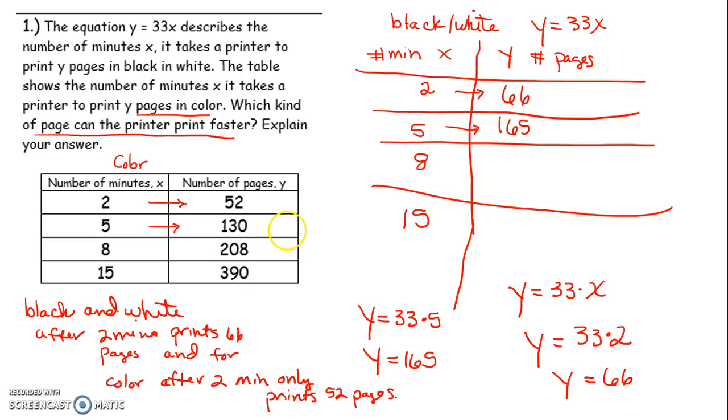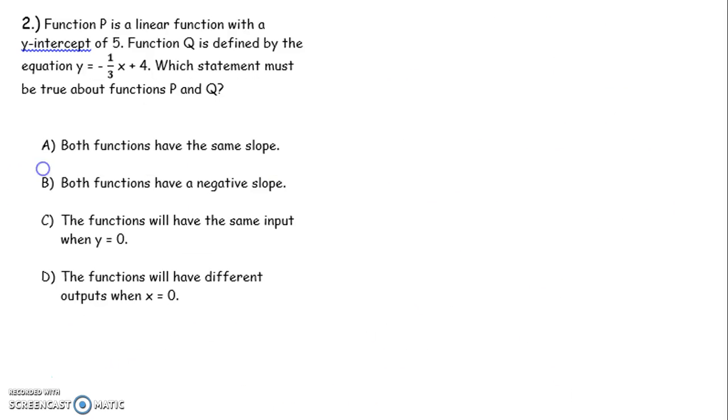We could have also found the rate per minute. If it's 52 pages in 2 minutes, you took 52 and divided by 2 for your colored printer, you would get 26 pages per minute. So the colored printer can print 26 pages per minute. Sorry, let me go back.